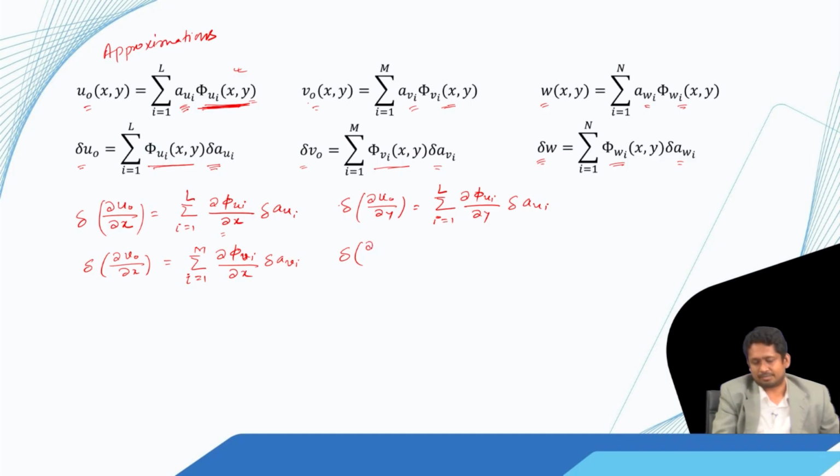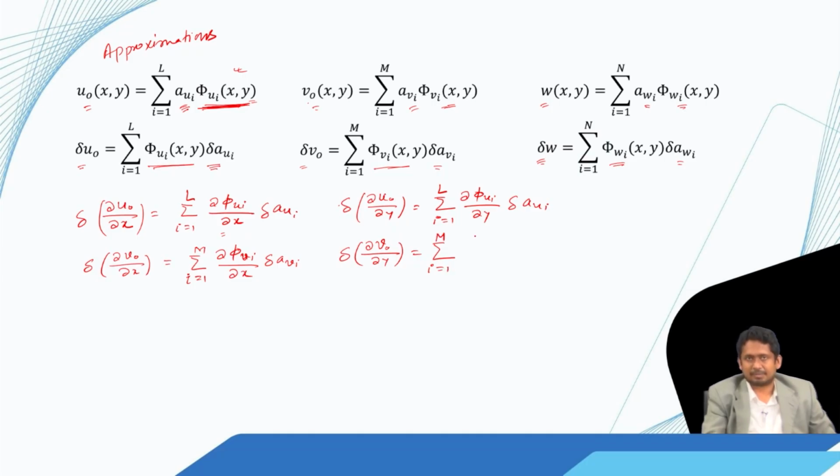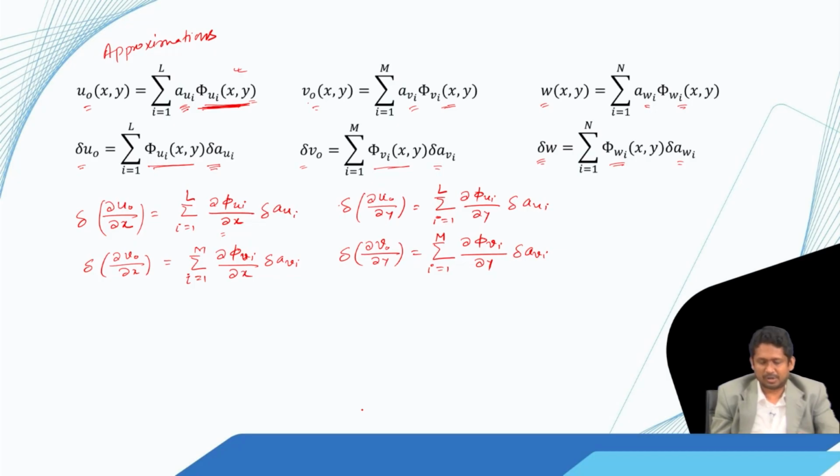And the variation of del v0 by del y is the summation from i equal to 1 to m of del phi Vi by del y multiplied by the variation of AVi. Now, let us look into w. Let us take the second order derivative, the derivative of the first order derivative of w.